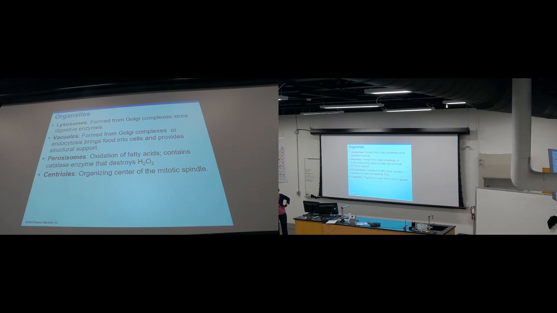Some cells can have vacuoles with food; in the case of plant cells, they have large vacuoles with food, like starch, and that provides structural support.